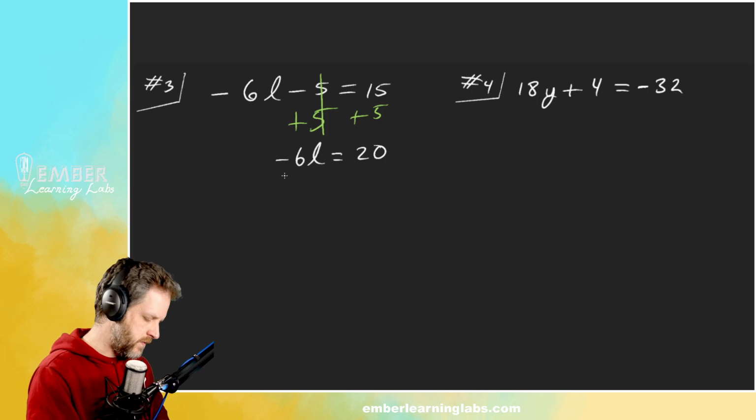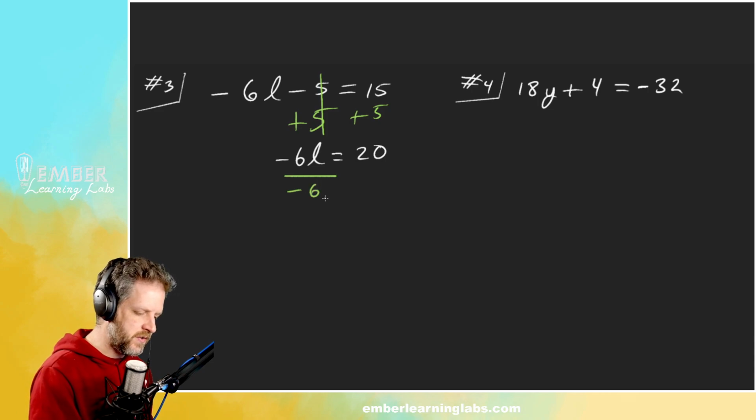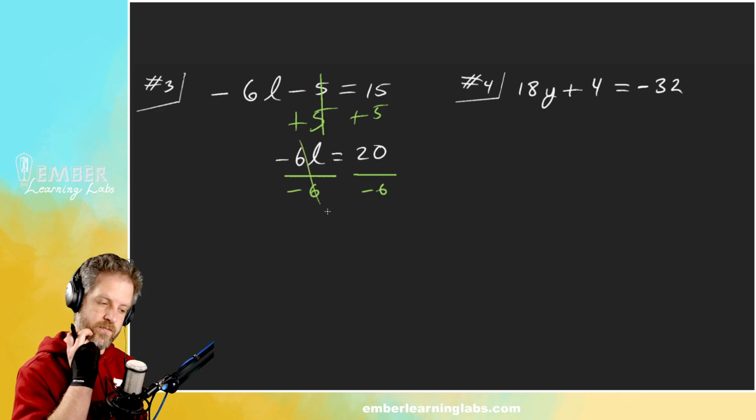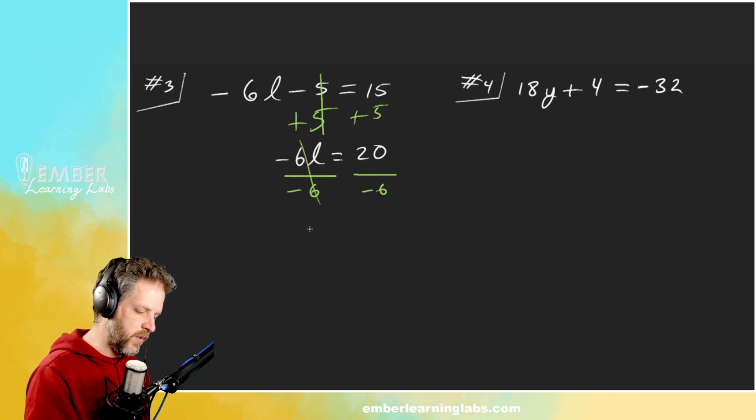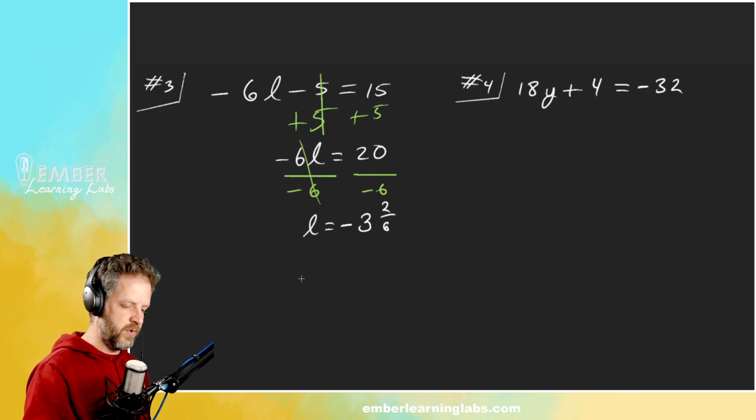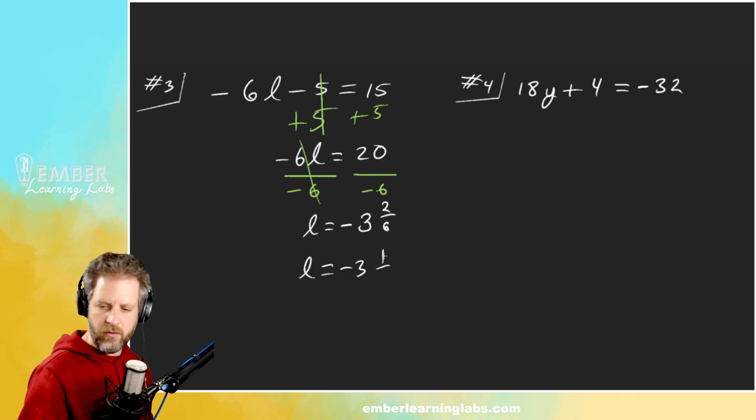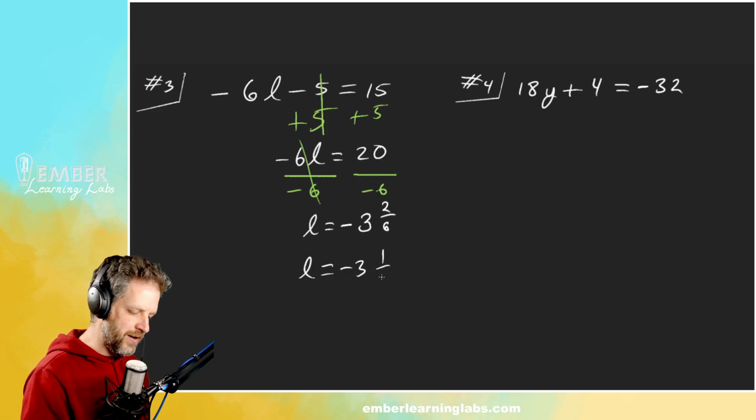And then we would have divided by negative 6, and ended up with L equals negative 3 and 2/6, which reduces to L equals negative 3 and 1/3. You're on mute. You can hear me now? Yeah. Well, good.